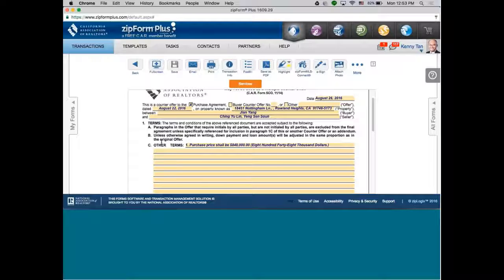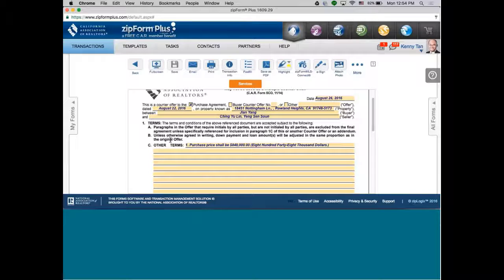So instead of stating in C what the new deposit amount is, B takes care of that because it's by proportion. The escrow looks at this, the down payment, but that's the down payment, not the deposit. So the down payment and loan amount will be adjusted in the same proportion as in the original offer. B only covers the down payment and loan amount. It doesn't cover the deposit.